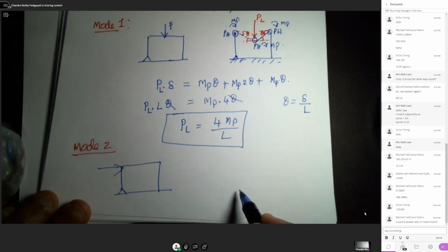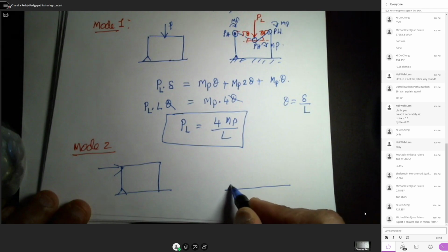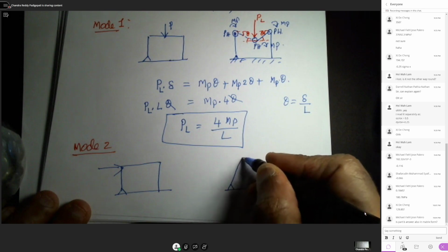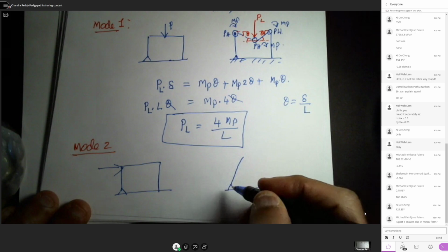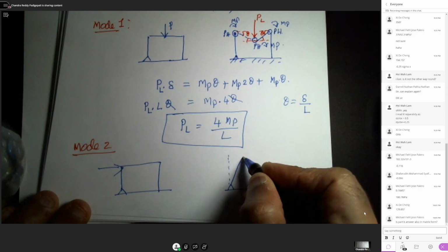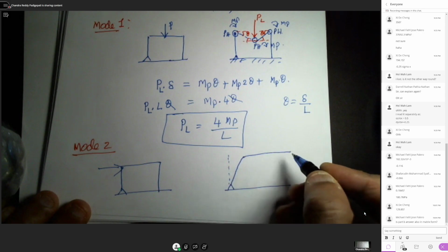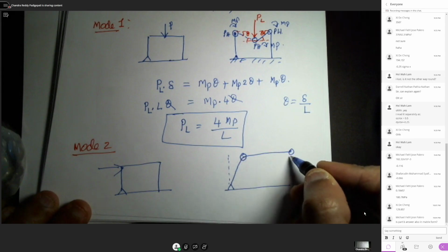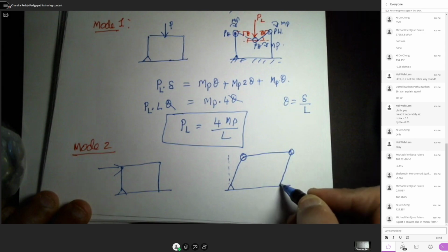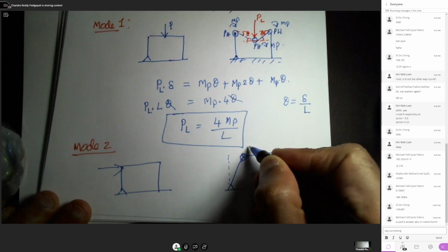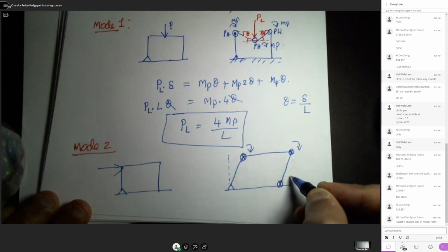Due to the horizontal load, the collapse mode will be as follows. There's a pin joint here, but there is a horizontal displacement. There will be a plastic hinge here, and also another plastic hinge, so three plastic hinges are developed at the three positions here.